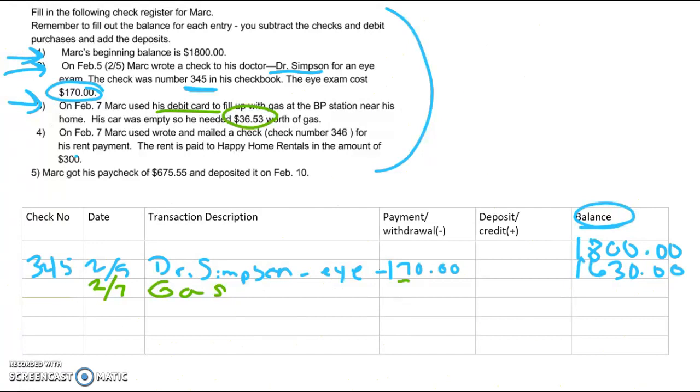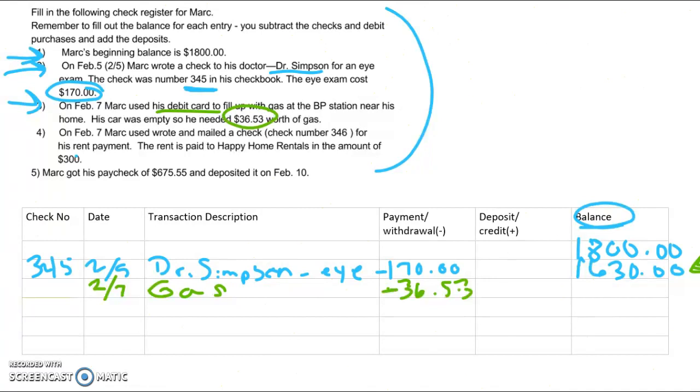So we're going to put here "gas" because that's what I used the money for. And it was $36.53. Again, that was a deduction. So we're going to take the balance we start with here, that's the $1,630, and we're going to subtract our $36.53.